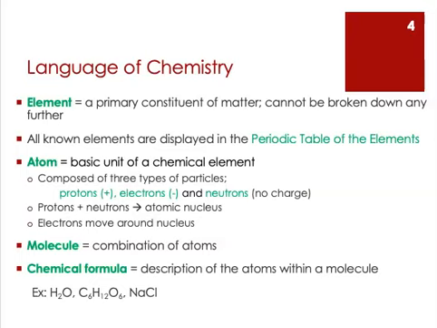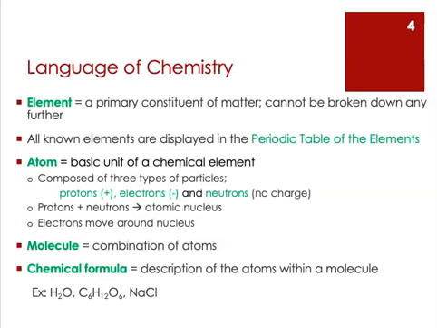Now, the term atom refers to something different. An atom is the basic unit of a chemical element. And if we look at the atom in terms of what it's made out of, all atoms are made out of the same three particles. So it doesn't matter if you're talking about carbon or hydrogen or oxygen or nitrogen.